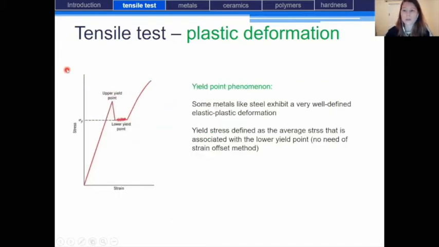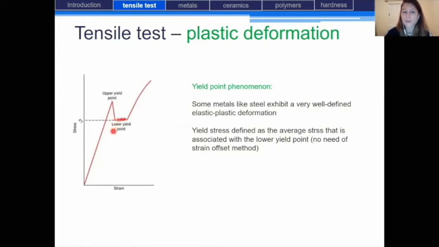In some materials, we have a specific phenomenon for the yield point. In some metals like steel, we have a very well-defined elastic-plastic deformation. Here you can see the elastic region, and you observe, after this point, the upper yield point, a decrease of the stress, which means there is a release of stress.